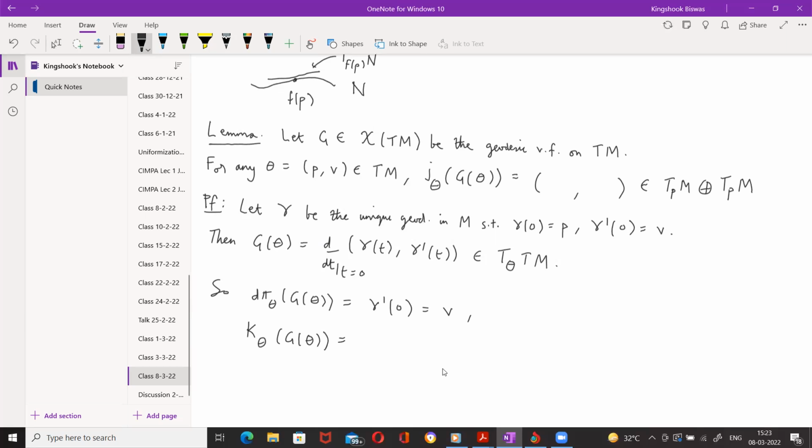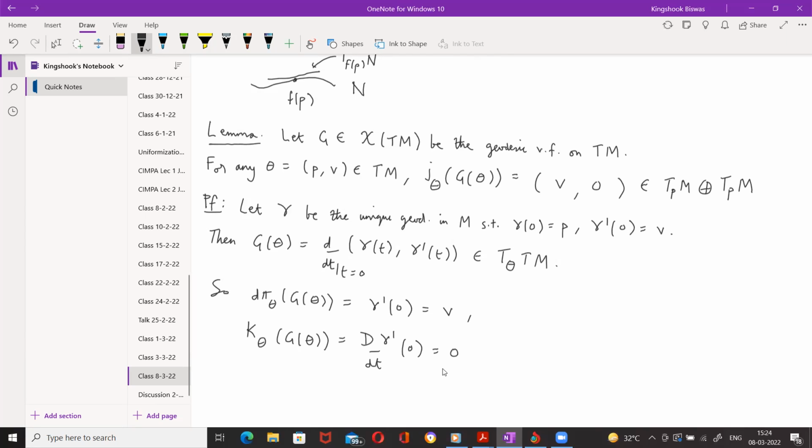This is 0. By definition, it will be d/dt of the vector field gamma prime along gamma, at 0. Yes. So this is 0. So that means J theta, the first component will be V and the second component will be 0.